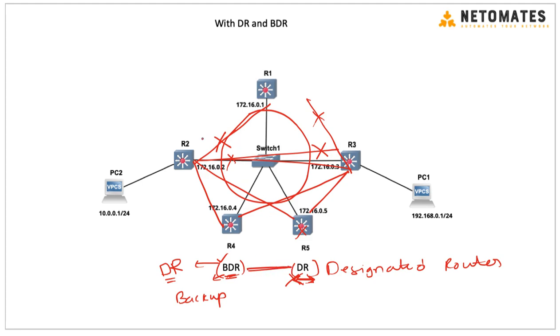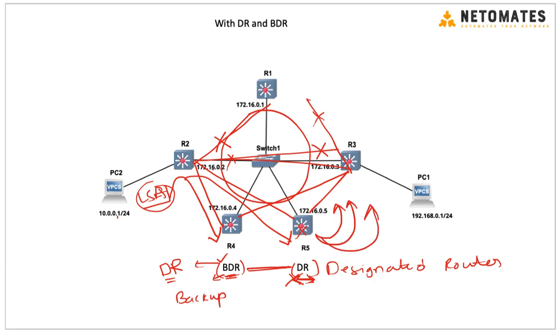Let's see how R2 will advertise in this scenario. R2 will advertise this network in the form of an LSA packet. It will only send it to R4 and R5. And R5 will send it to all other routers in this topology.